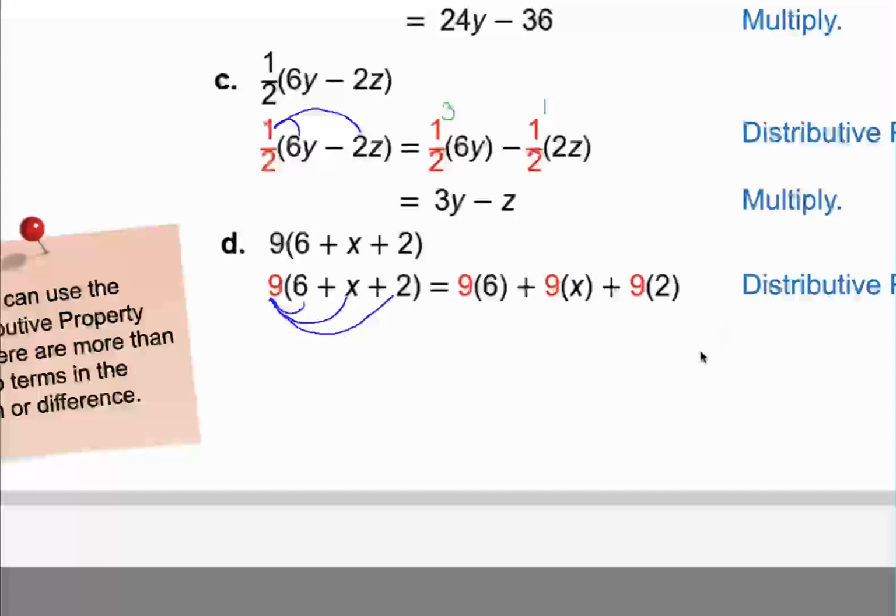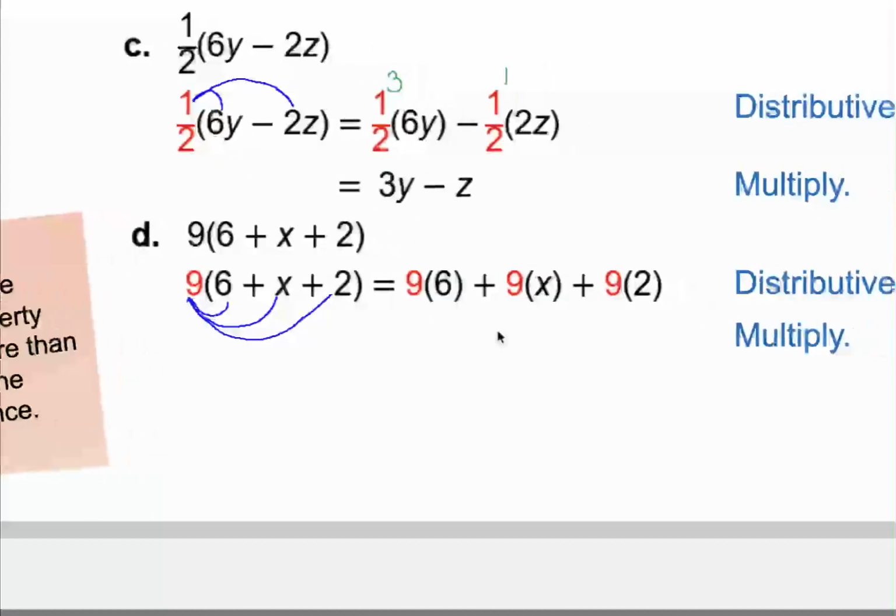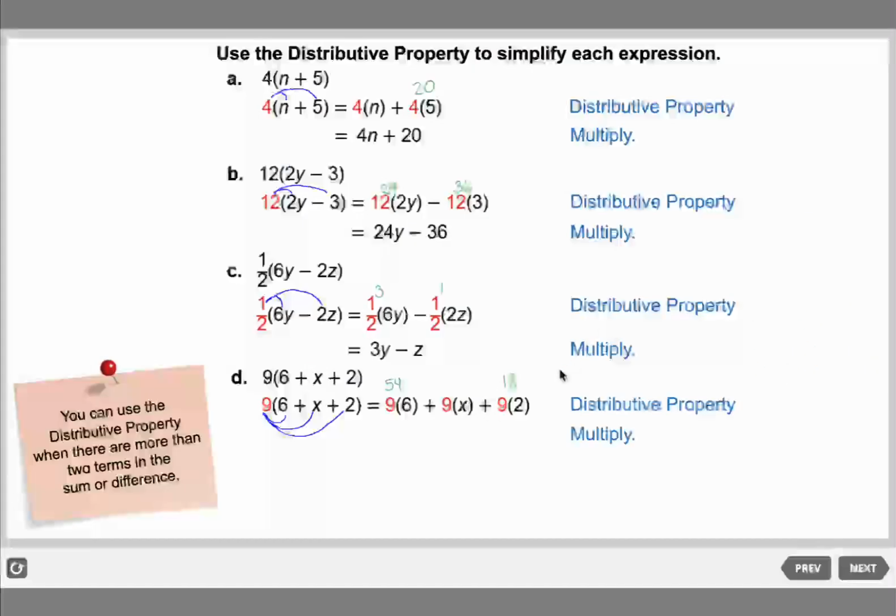Now simplify or multiply. 9 times 6 equals 54. And of course 9x, so the coefficient of x will be 9. Yes. And 9 times 2? 18. Okay, now tell me the expression.